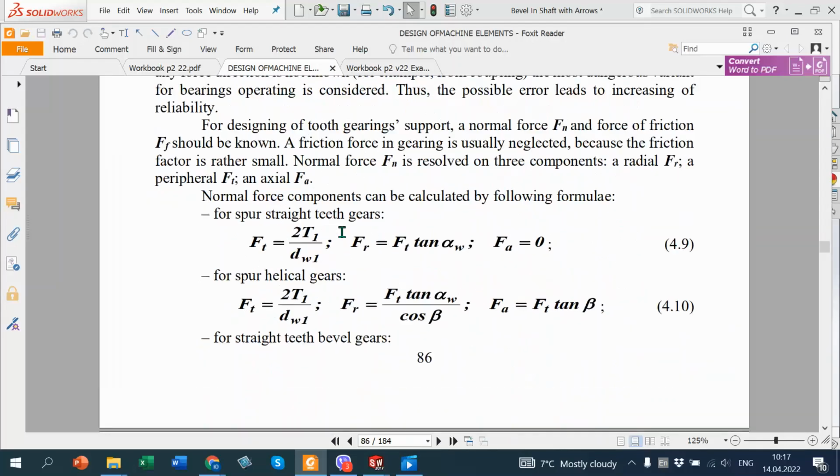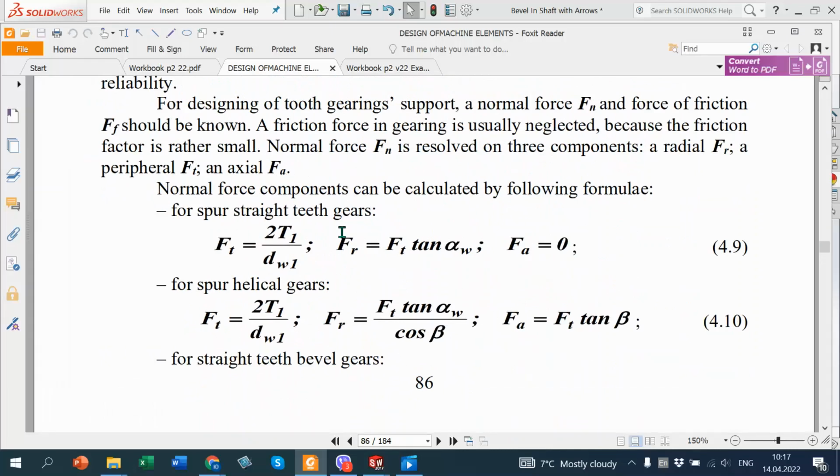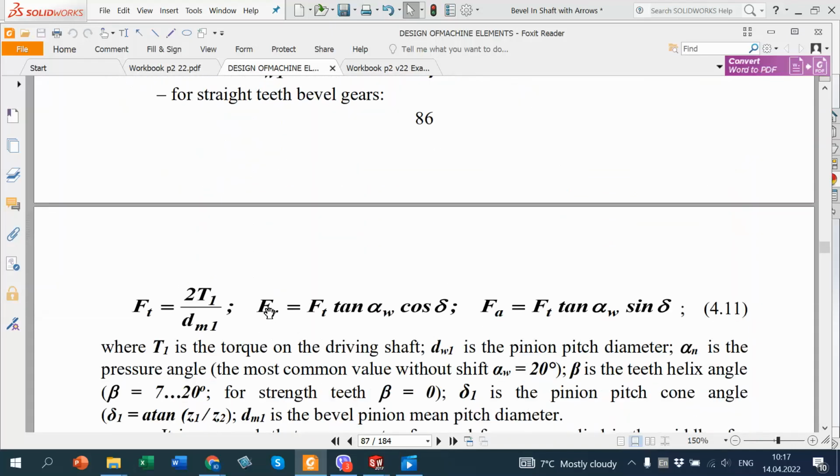Ft is 2T divided by dw1 or dm1. This formula dm1.